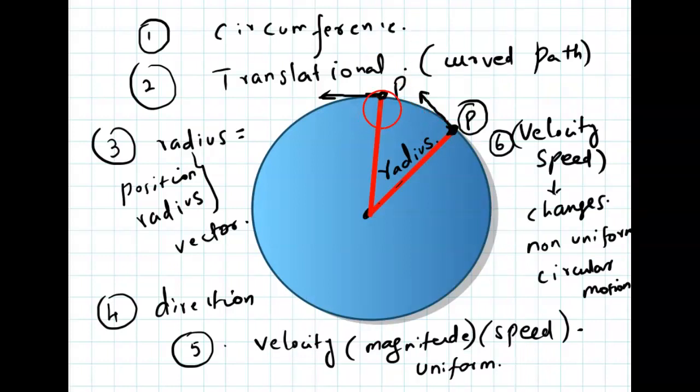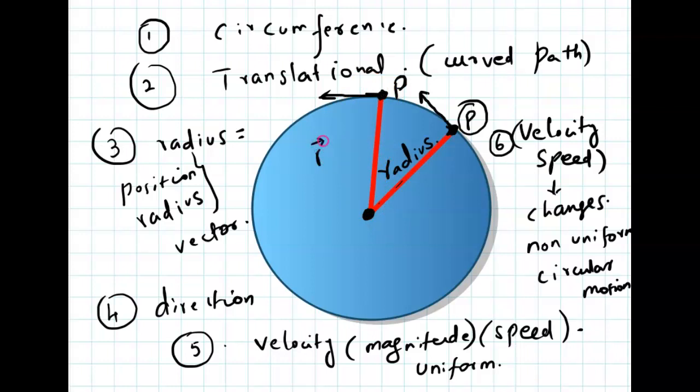Here you can see a circle and a point P, which you can assume as a particle, and this is the center. If you draw a line from the center to the particle, it is known as a radius vector.